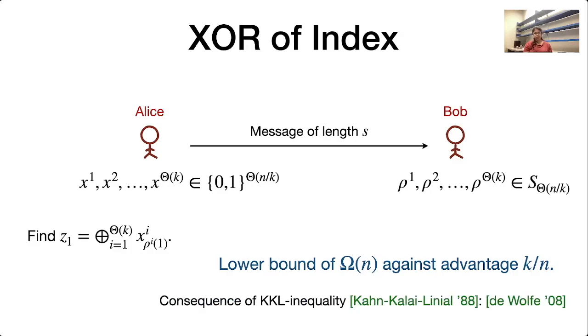And this is possible using tools from Fourier analysis over the hypercube and the KKL inequality, which was proved by Kahn, Kalai and Linial in 1988, and then later used by de Wolf for this problem. So using this omega of n lower bound, we can actually translate it all the way back to an omega of n lower bound for NGC, which is what we wanted.